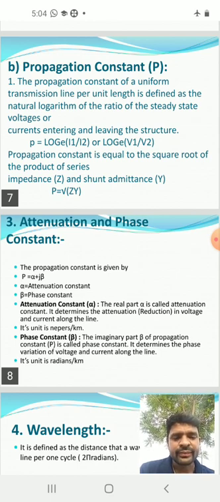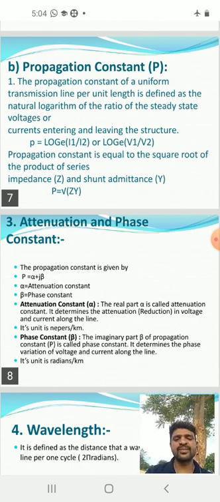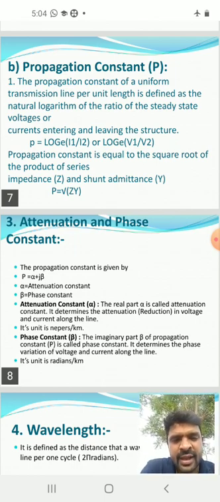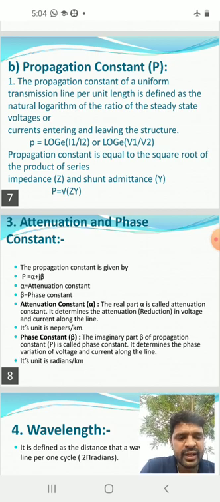Alpha means any attenuation or reduction in voltage and current along the transmission line. Any reduction in voltage or current in a transmission line is called the attenuation constant. Its units are nepers per kilometer.